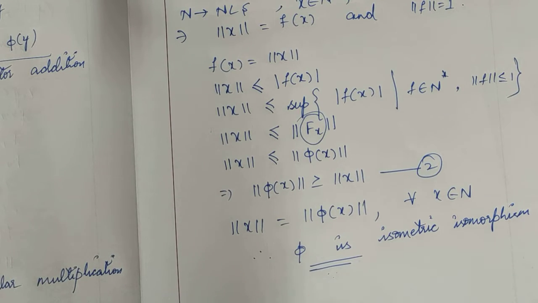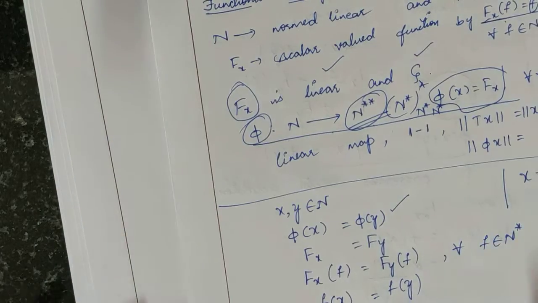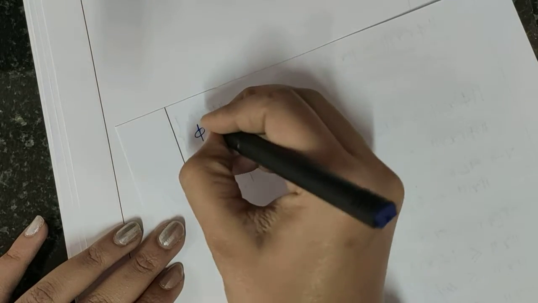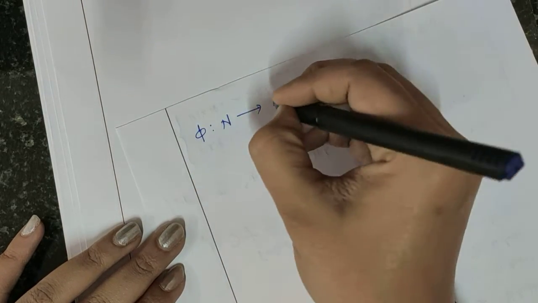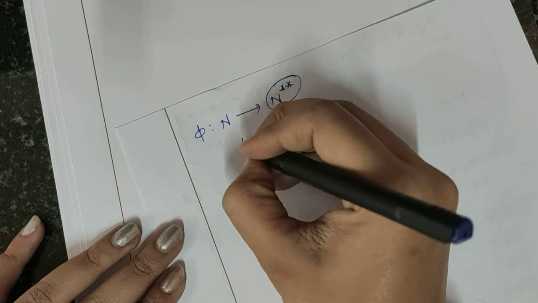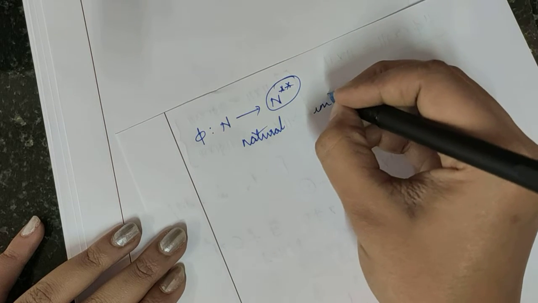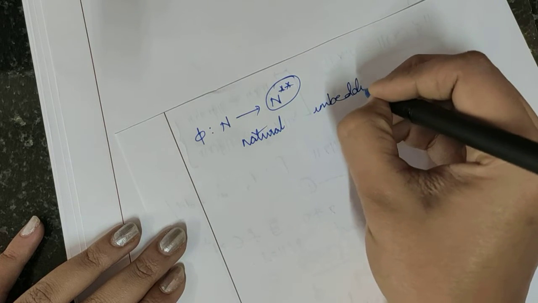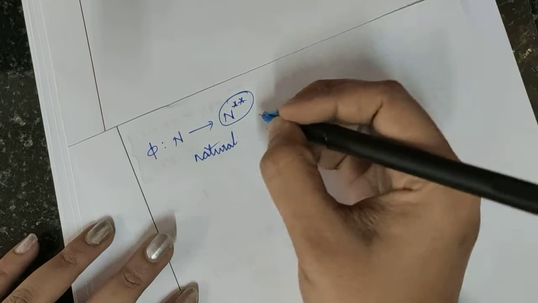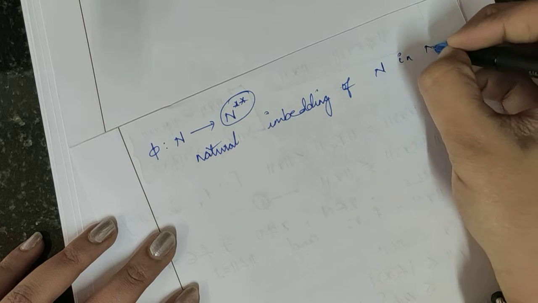So this is how we prove this theorem. The mapping given in this theorem, phi from N to N double star, is called the natural embedding of N in N double star.